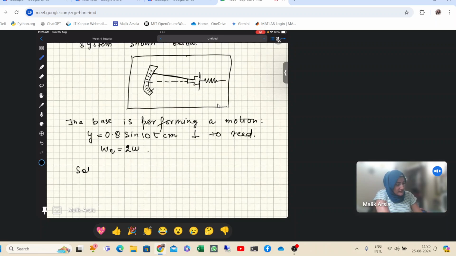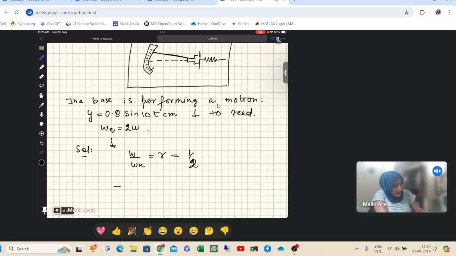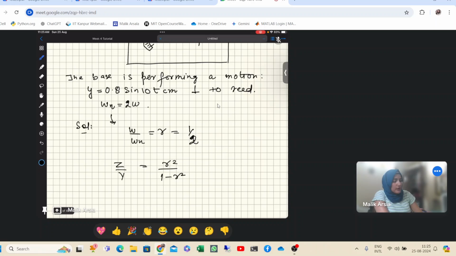Okay, it's very simple. R is given from this statement, so omega upon omega n is equal to r. So omega upon omega n is 1 by 2. Right. Now z upon y will be equal to r square upon 1 minus r square. Okay, I have simplified the formula.